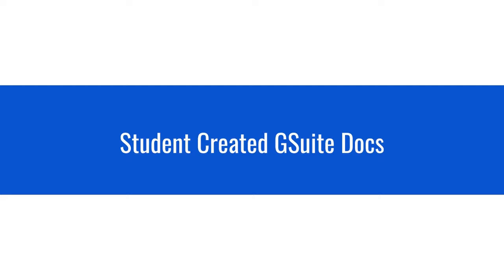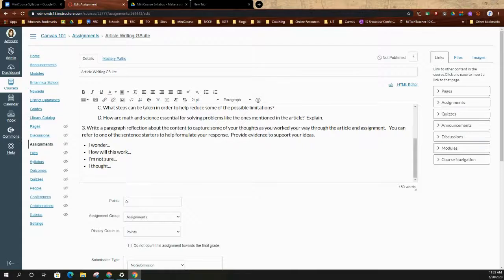The third option is having students create and submit their own GSuite docs. No templates. This is great for presentations or when they're writing essay responses or paragraphs. They may be creating their own document and need to turn it in. So the way to do this is a few different options.